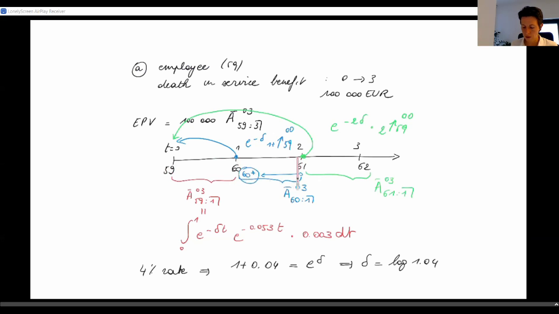Which I can value in continuous time. Okay. I also split it up between 61 and 62 because I've got these definition of the forces of decrement, which are piecewise constant, so they change from time interval to time interval, and also to take that into account, I'm also making the split between the blue and the green cover.